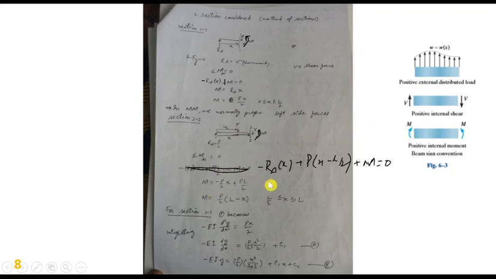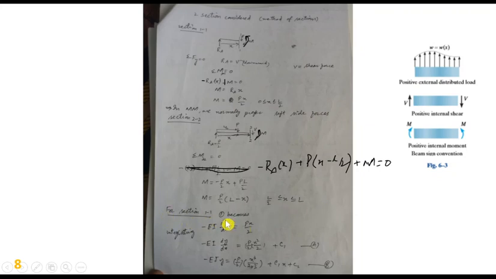For that, minus, this is clockwise, minus RA into X plus P into X minus L by 2 plus M, because M is positive and V is passing through it, so there will be no contribution of V in producing moment. It is equal to 0. So M will be equal to, by simplifying, P by 2 into L minus X, and it is valid from half of the length to full, L by 2 to L. X will vary between these values.